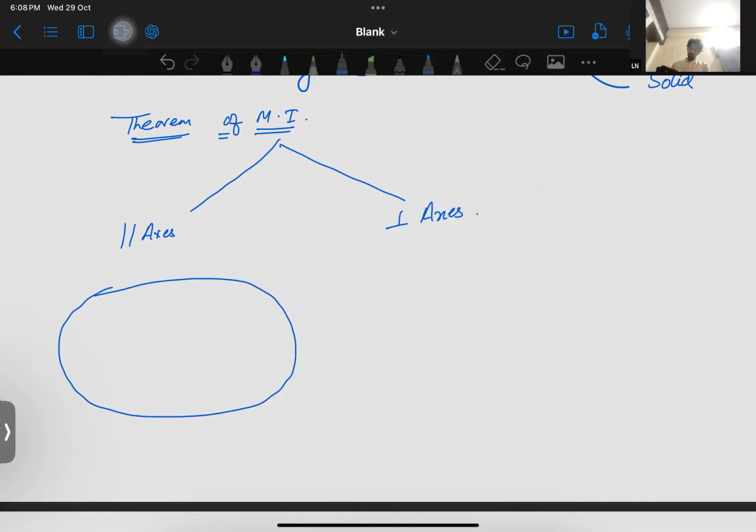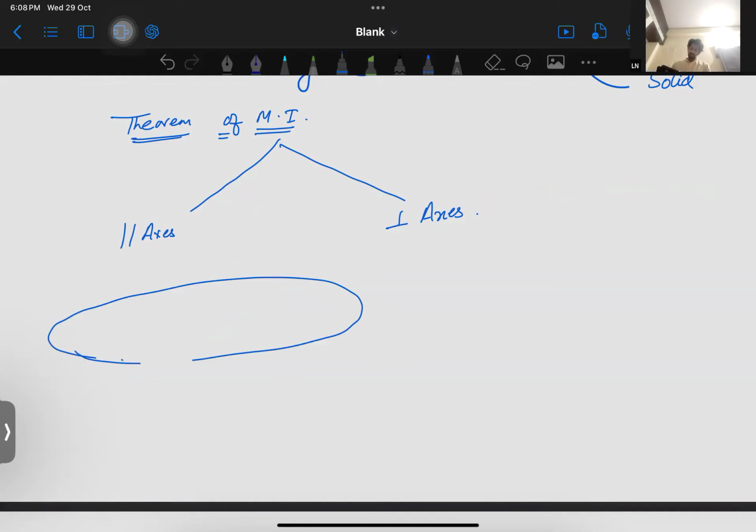So let's say that you have one object over here. This particular object has the center of mass over here, and this is the axis through the center of mass.